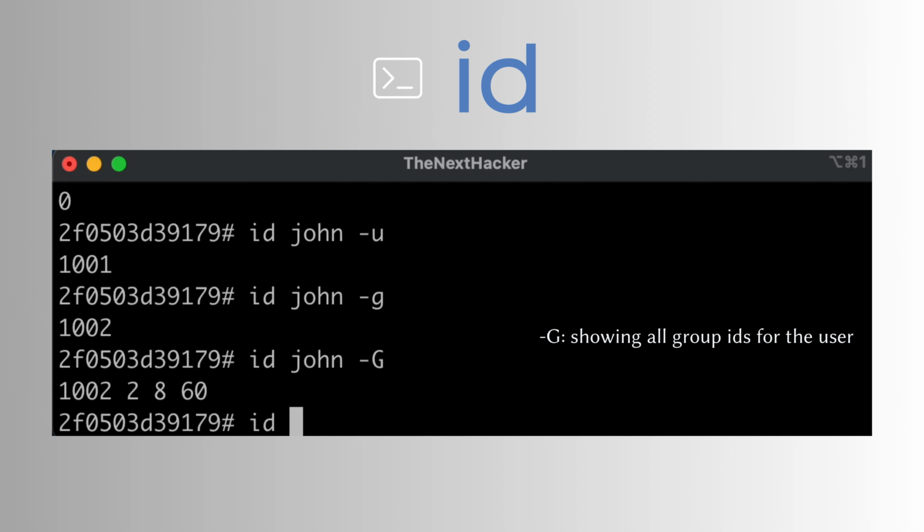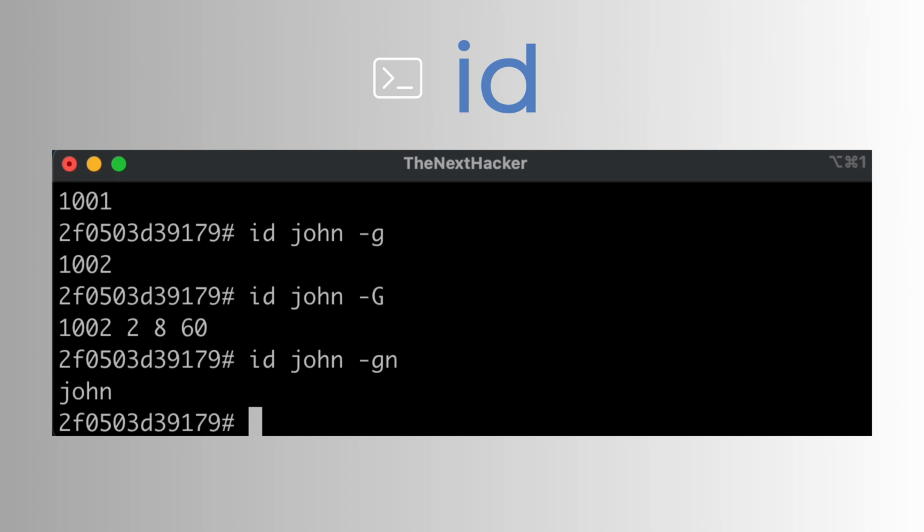If I am already logged in as John, then I don't need to type the name John again and again with id. But because I am using the root user, I'm typing id -Gn John. Adding n basically changes the results from numerical format to alphabetical format. So that's why it is now showing me john, because of the group john.